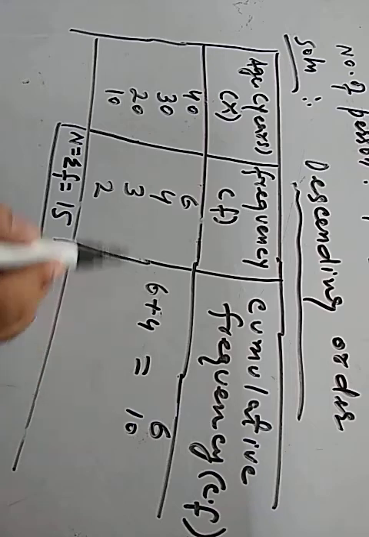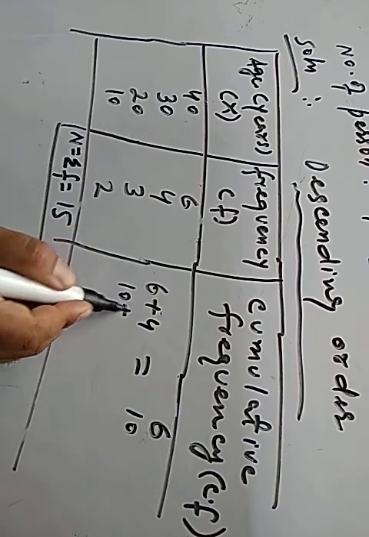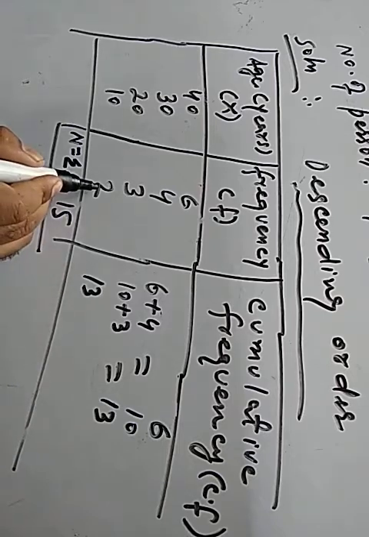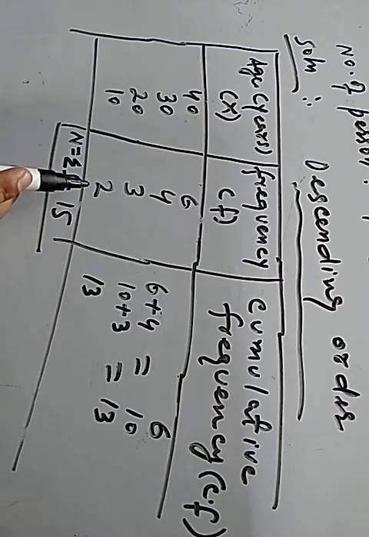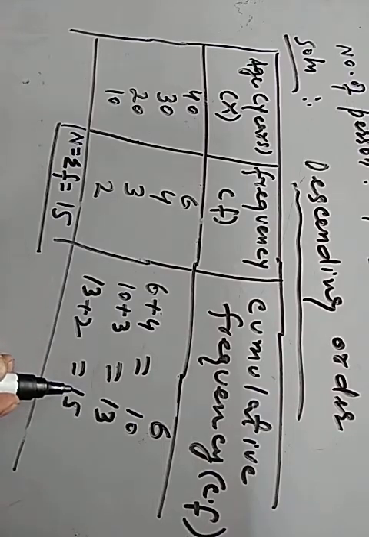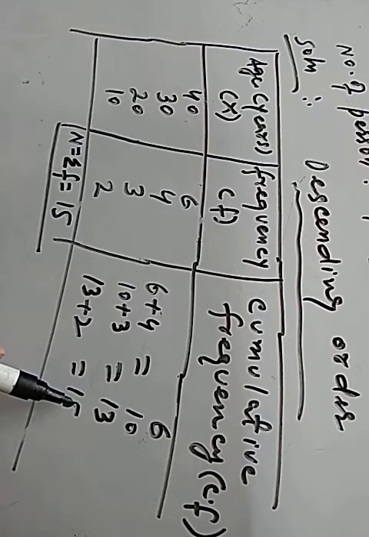And this 10 will be added by 3, equal to 13, and 13 will be added by the succeeding simple frequency, that is 2, it will be equal to 15. And the last value of cumulative frequency is equal to sum total of simple frequency.